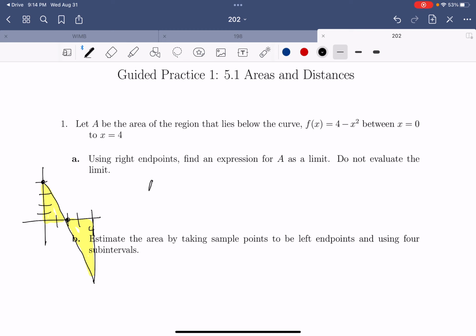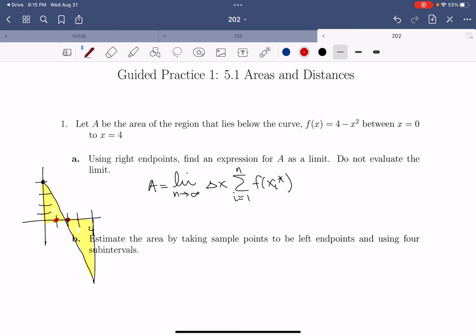So A is going to be, we know it's the limit as n goes to infinity of delta x times the sum i equals 1 to n of f of x i star. Okay, now remember that for our right endpoints, that's going to be these ones.